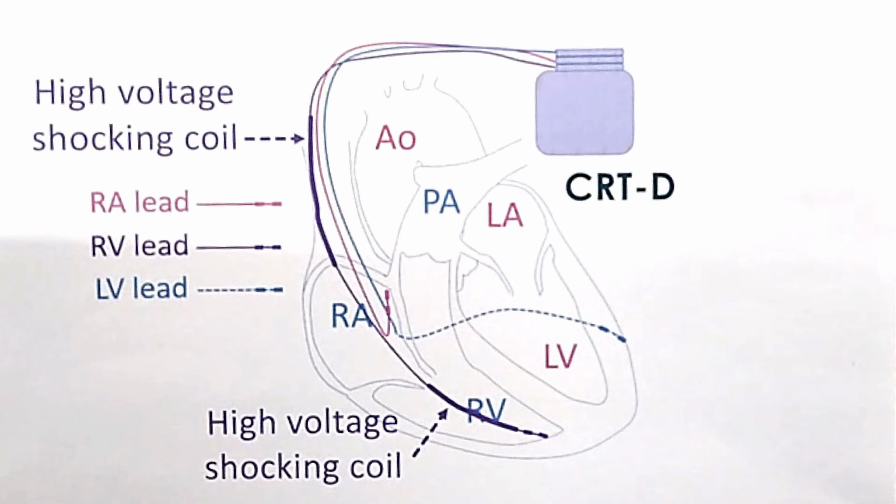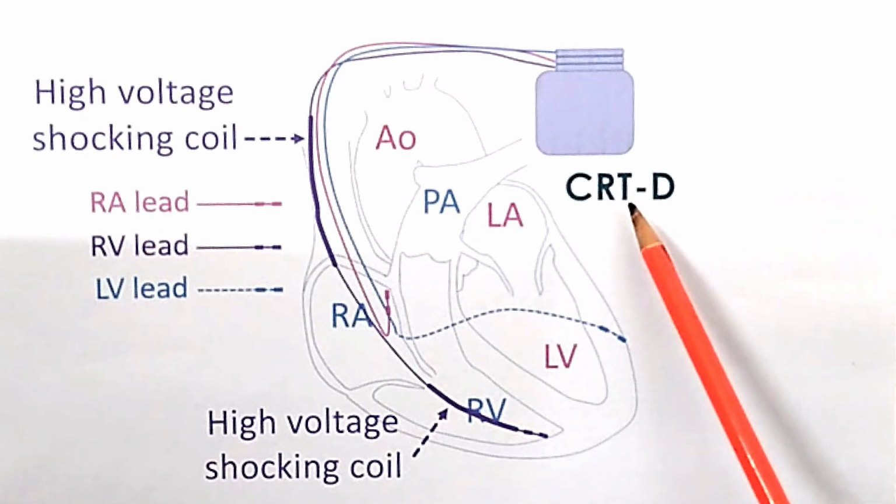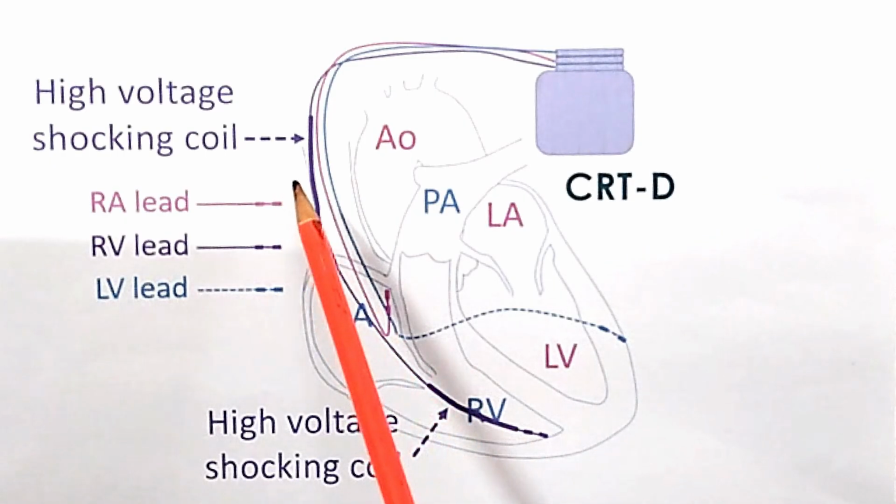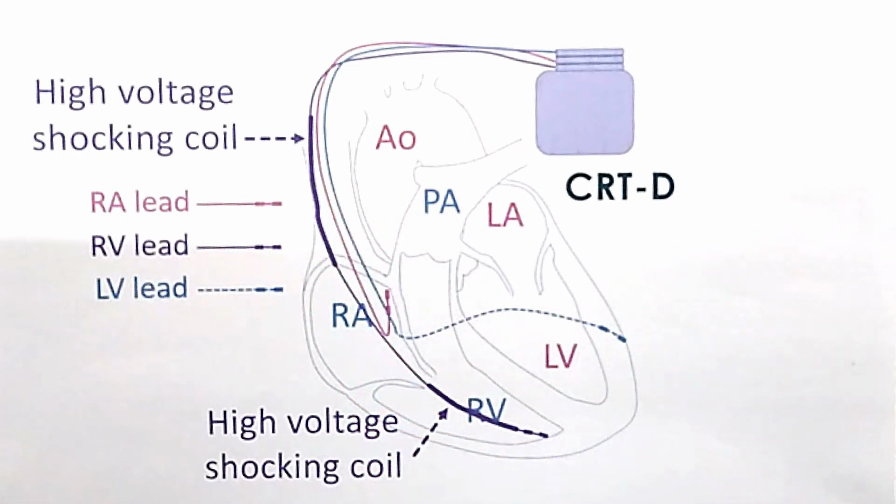This is the schematic diagram of a CRT-D, cardiac resynchronization therapy with the defibrillator. You can see that in addition to the regular leads for a CRT-P or 3-chamber pacing or heart failure device, additional high voltage shocking coils have been incorporated in the right ventricle and superior vena cava.